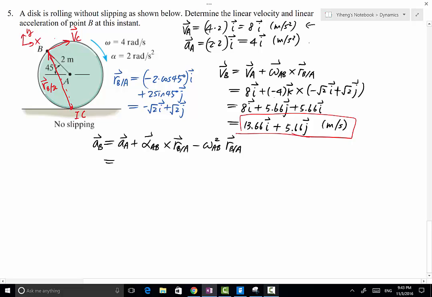AA is known from here, 4i. And alpha is also negative 2k, because again it's clockwise, and then cross negative square root of 2 i plus square root of 2 j.